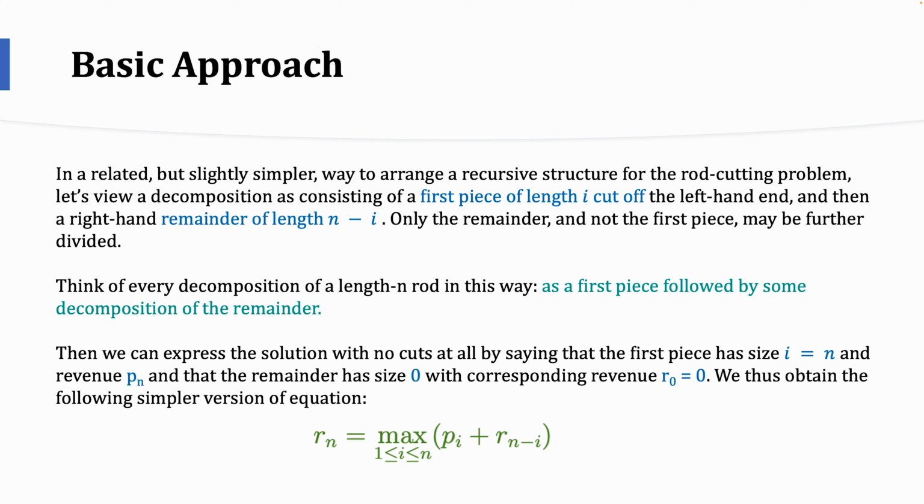Importantly, we further divide only the remainder, not the first piece, because you made up your mind there. You're saying that, okay, I'm cutting this at length i, and that's going to be my piece number 1. And that's part of the final optimal solution.